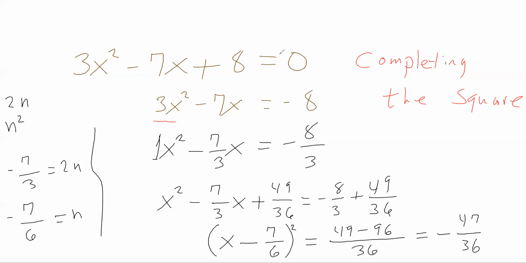I'm going to do a quick double check of my calculation here because I've been known to make mistakes. Okay, it looks right. Okay, so we have x minus 7/6, x minus 7/6. That squared is equal to the quantity negative, what was it again, 47 over 36.